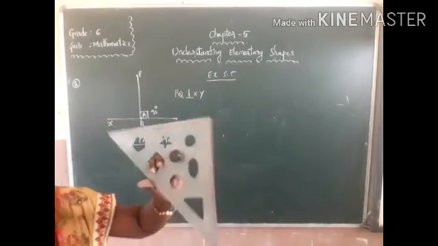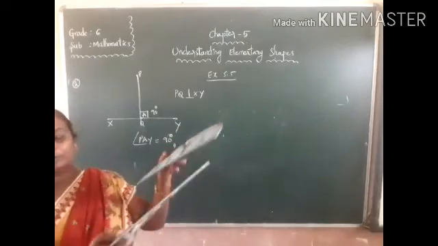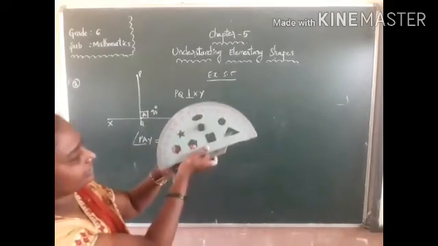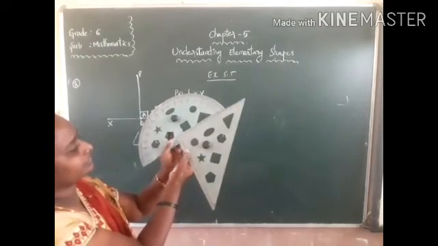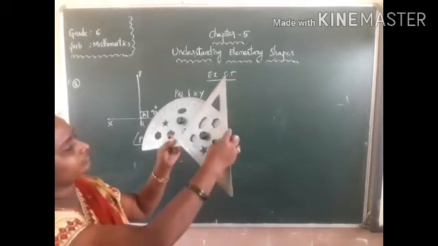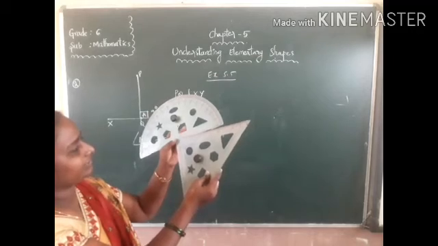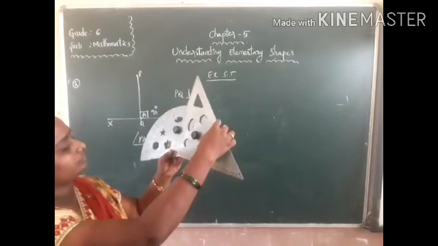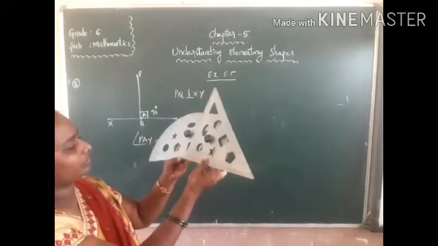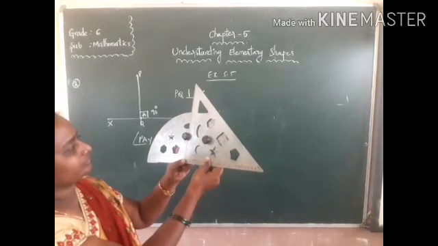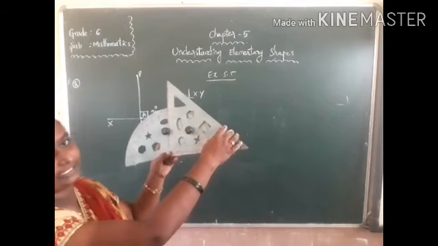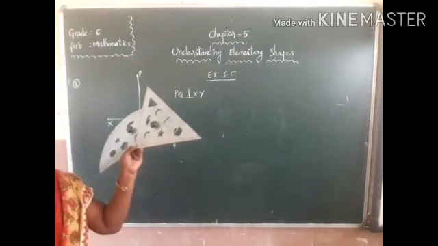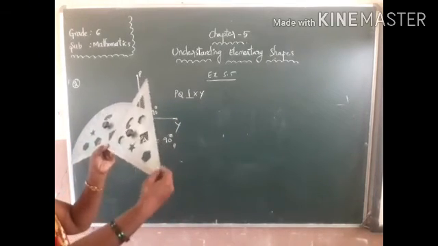Measure first. If you don't know, take your protractor and set square and measure how much angle is formed here. Yes, it is 90 degrees. Okay, next.